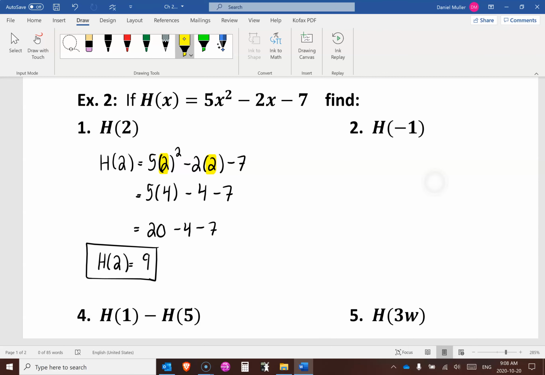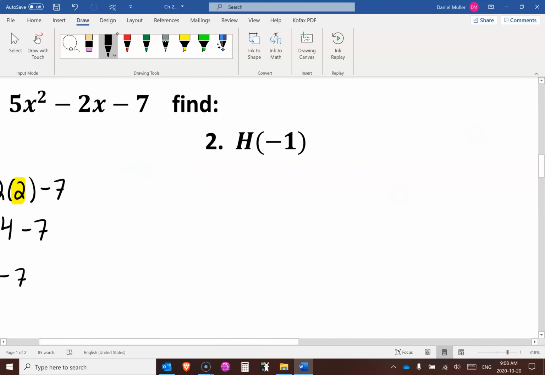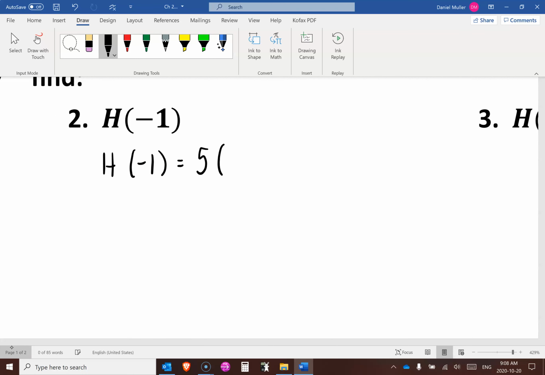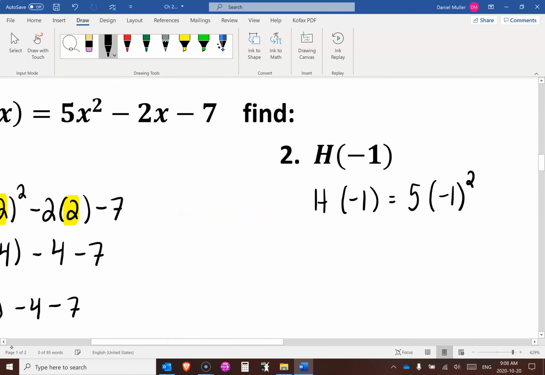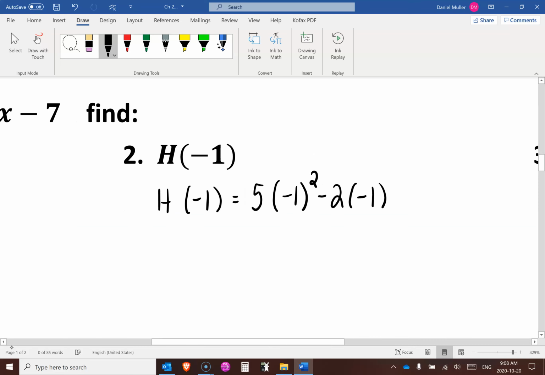Okay, let's try another one, and then we'll stop this video. So h of negative 1. h of negative 1 is equal to, is it a 5x squared? So 5 times negative 1 squared, minus 2 times the input, which is negative 1, minus 7.